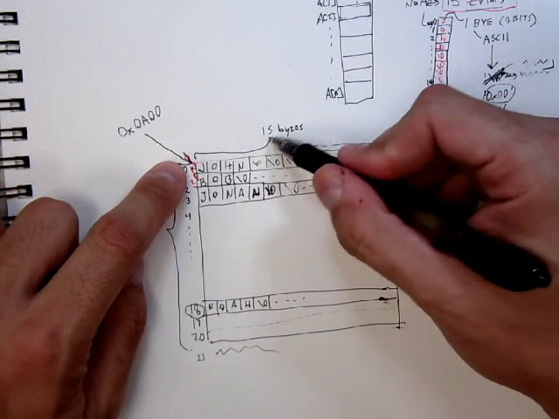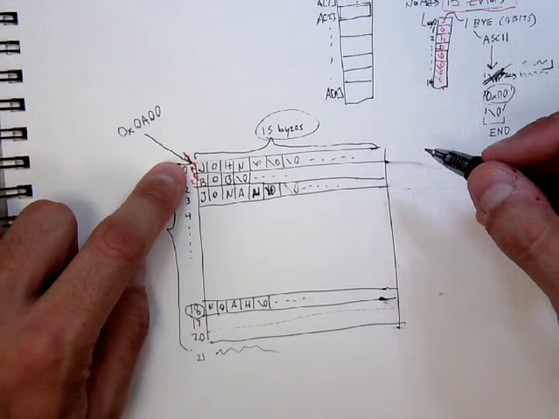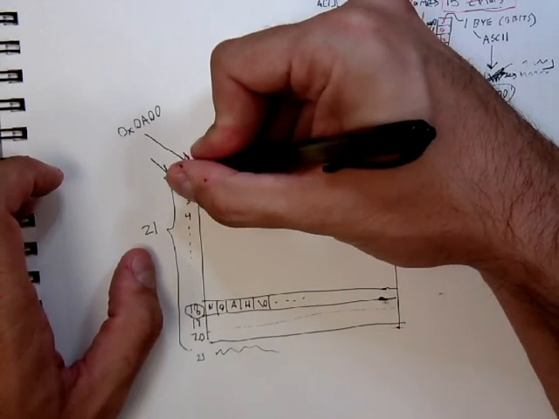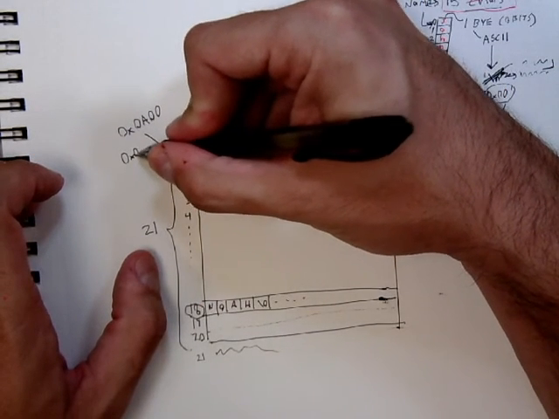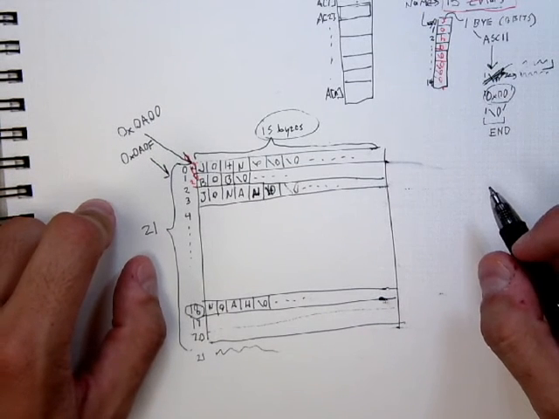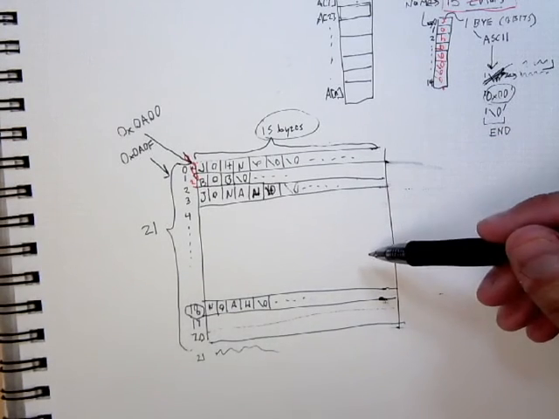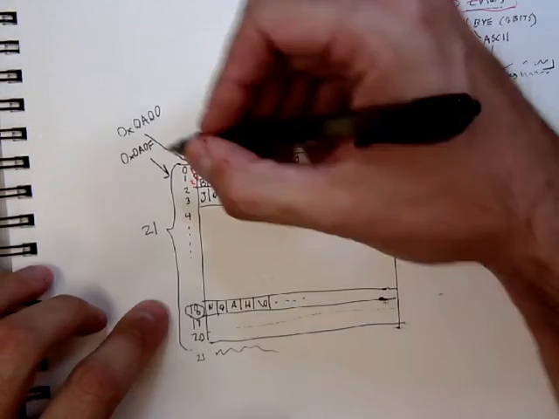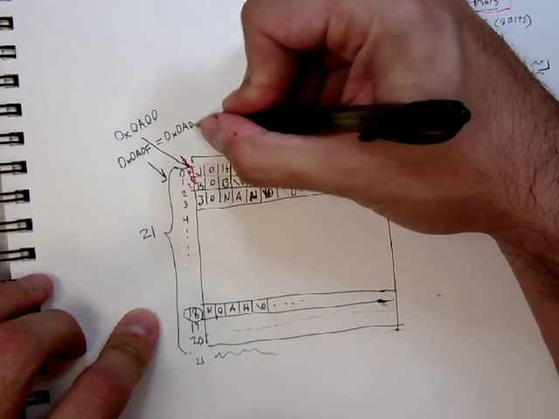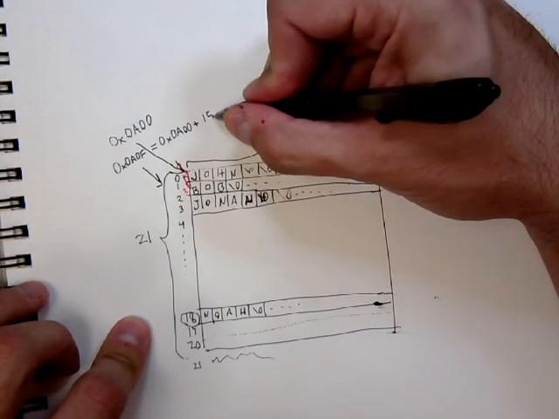Since each position is 15 bytes, I need to add 15 to this, which means the next position is going to be at 0x0A0F, if you can do that math in hexadecimal. Let me write out what that is: 0xA00 plus, and I'm going to put 15 decimal.